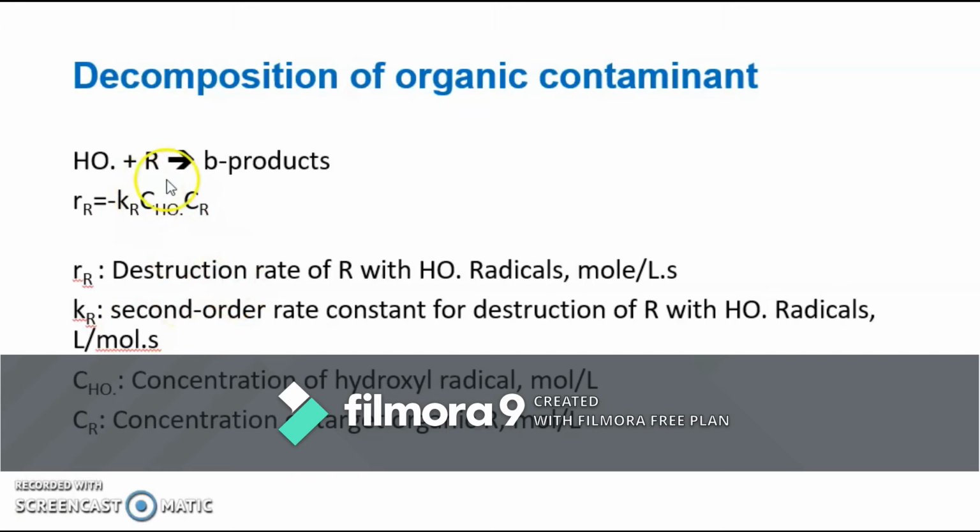So I mentioned here that we need the concentration of hydroxyl radicals. The concentration of hydroxyl radicals generally varies between 10 to the minus 11 to 10 to the minus 9 mole per liter. So if we have a problem and we want to solve the problem, it's generally given the concentration of hydroxyl radicals.